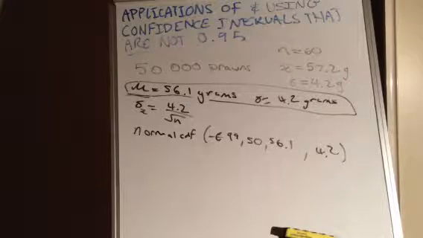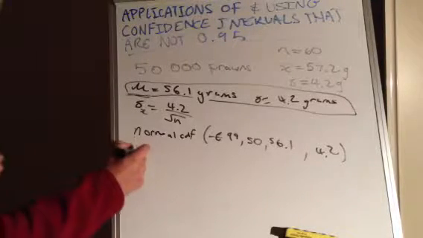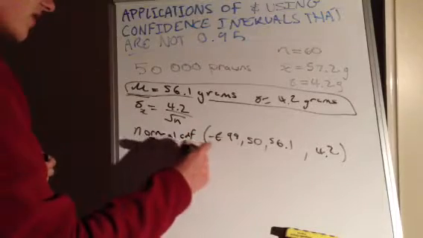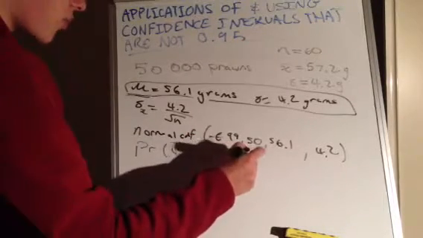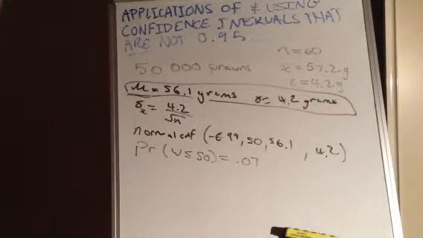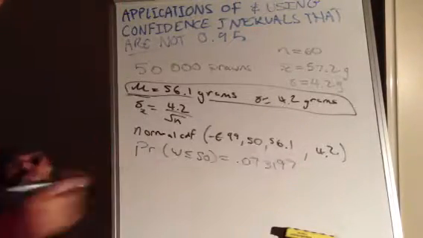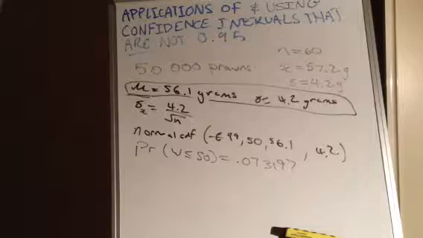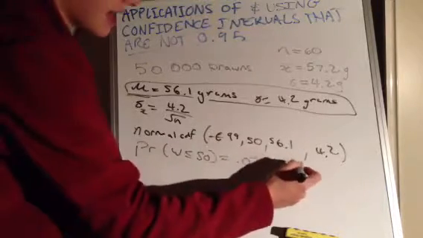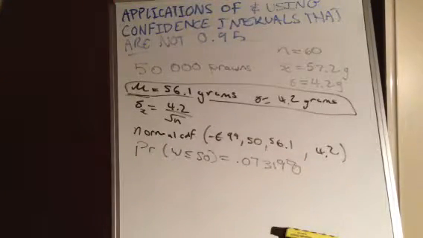And we get that the probability that the weight is less than or equal to 50 grams is 0.07319, and you can go to many SF to work it out, but I'm probably going to round it off there. And of course I'll round my final answer to 3SF. But as you can see, the probability there is around about 7.3% if we were to think of it as a percentage.